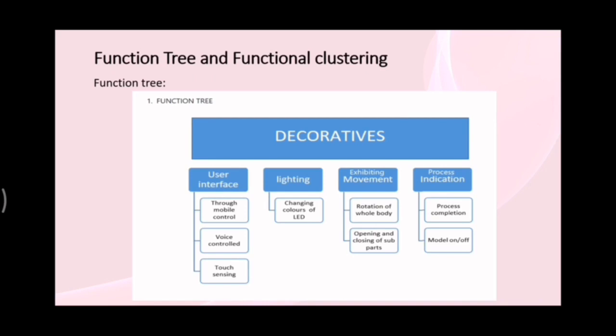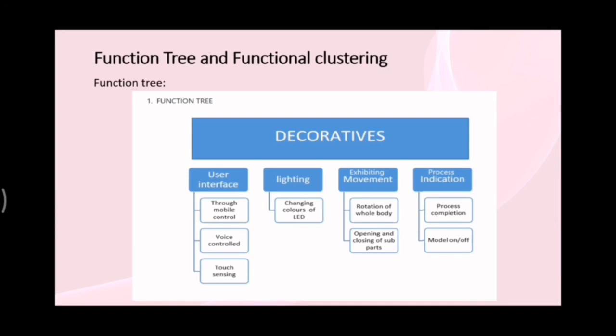Under user interface, we have 3 ways: you can control it through mobile, through voice, or through touch. Lighting can be done by changing the colors of LED. Exhibiting movement can be done in 2 ways: either you can rotate the whole body or you can open and close the subparts.